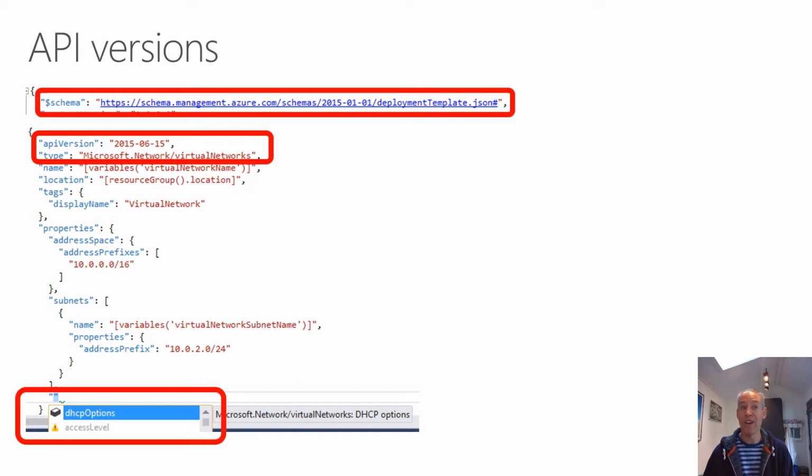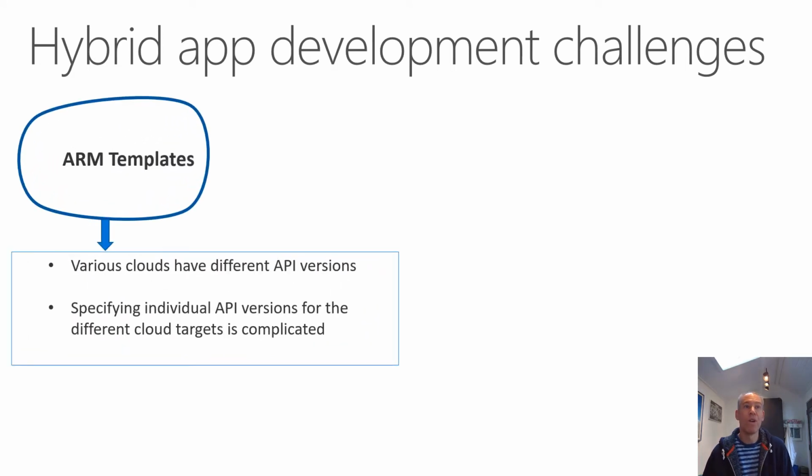There are some ways to genericize that, which we'll talk about in a minute. But you can see that this ARM template section has an API version included in it that should be used, and they correspond to features that are available. In this case, we're showing DHCP options as an Azure feature, and it may have different options depending on the version you're using. So this brings some challenges.